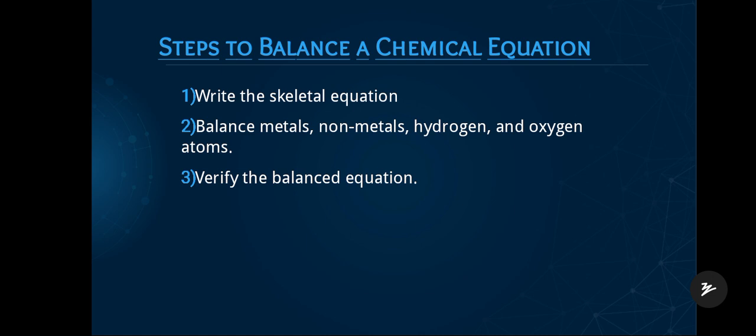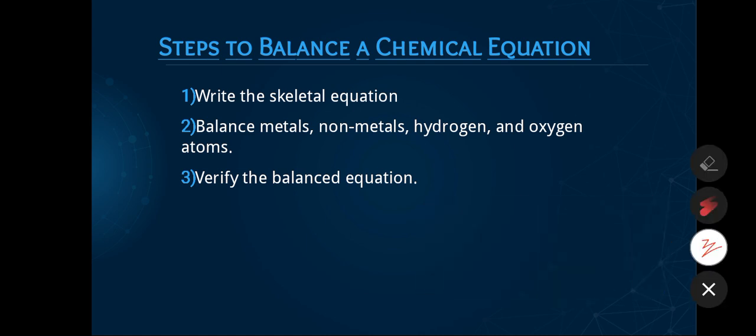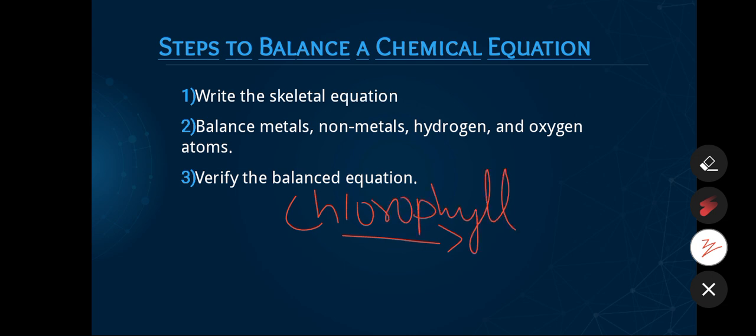In photosynthesis, when you write the whole equation, above the arrow you will write chlorophyll and sunlight. So this means in the presence of chlorophyll and sunlight. So in photosynthesis we will write like this.